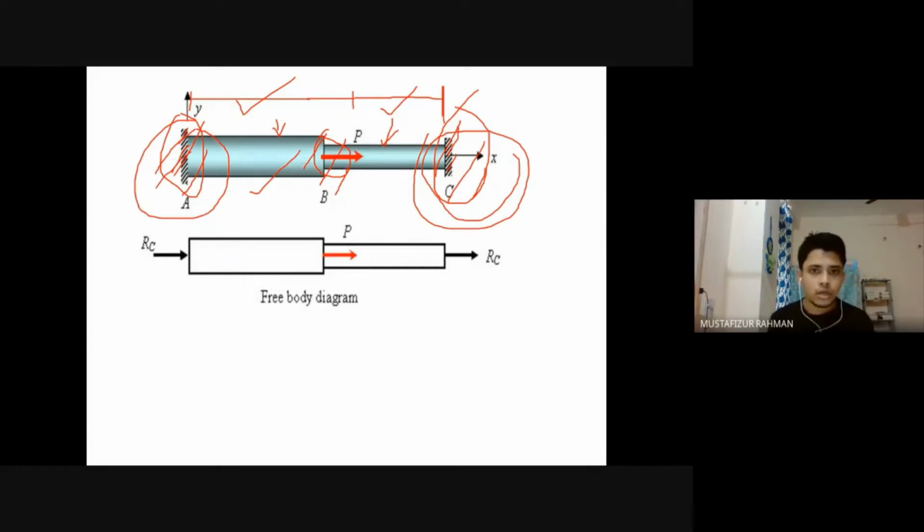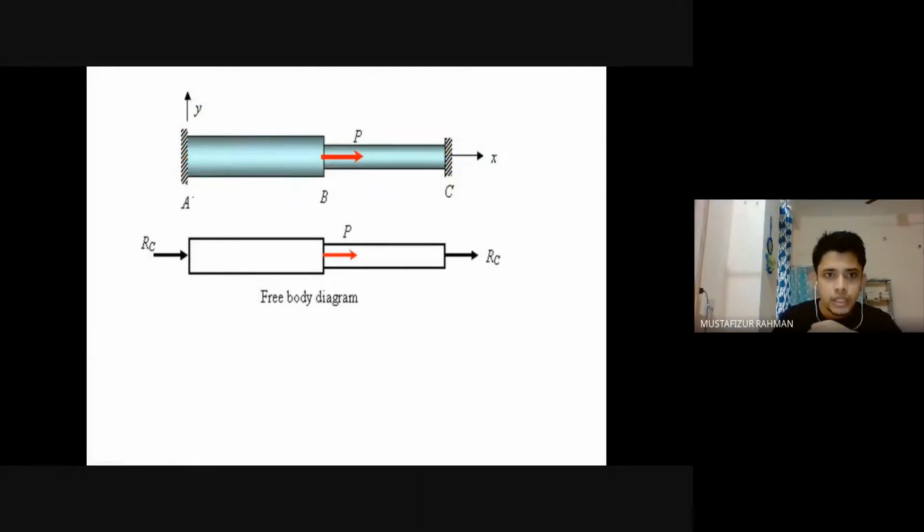So this is called the conditions of compatibility. If this joint is fixed, there will be no displacement here. If this joint is fixed, there will be no displacement at this point. So if this member is going to expand, for example, this member has to contract by exactly the same value.